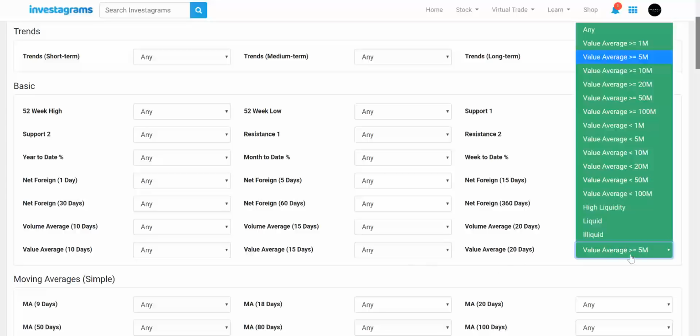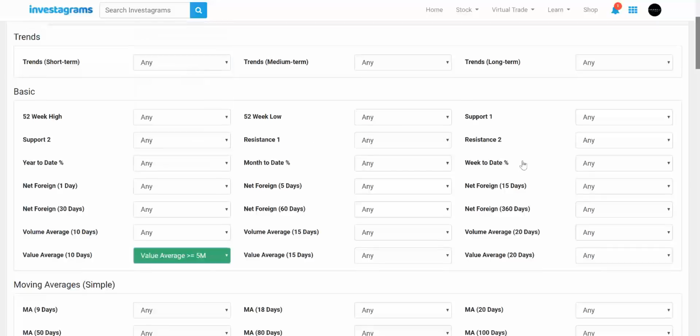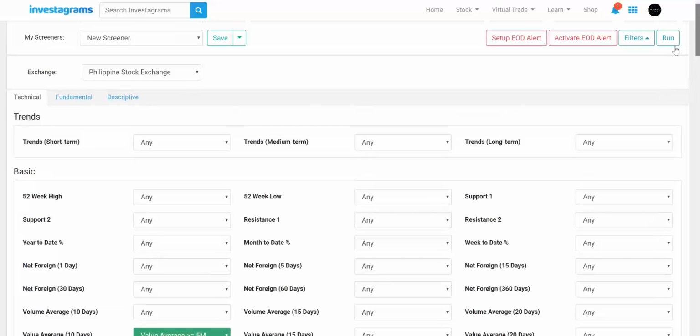And if 20 days is too long for you, you can sort using 10 days, value average for the 10 days, and choose above 5M. So here we're looking at more of those speculative stocks that suddenly pick up in terms of volume.